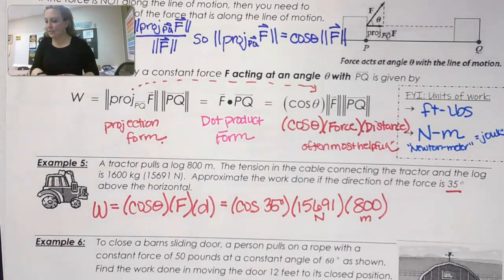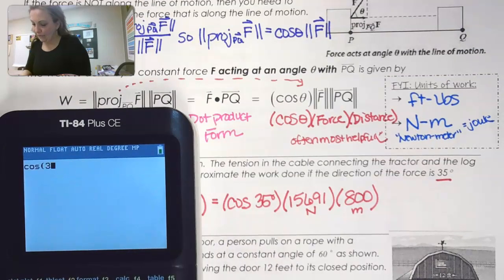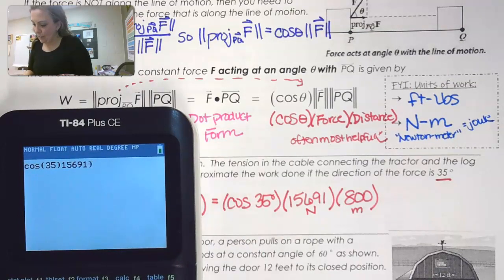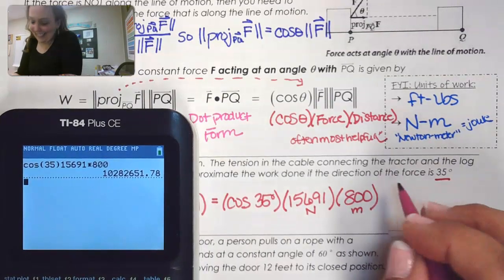And then, my friends, we're just going to multiply those together. We're just going to take the cosine of 35 times 15,691 times 800. And yes, that's how big this is.